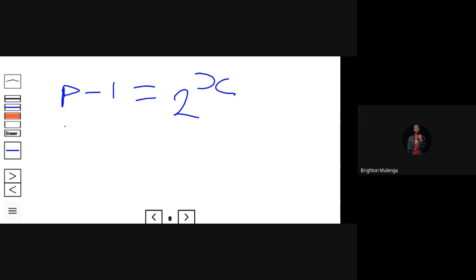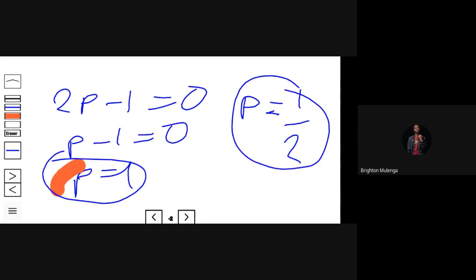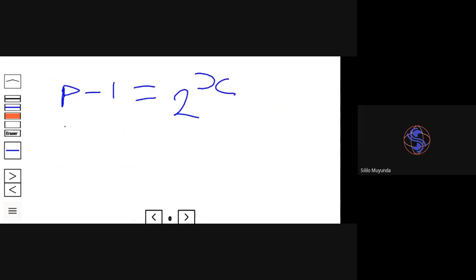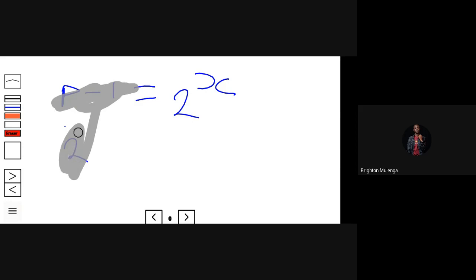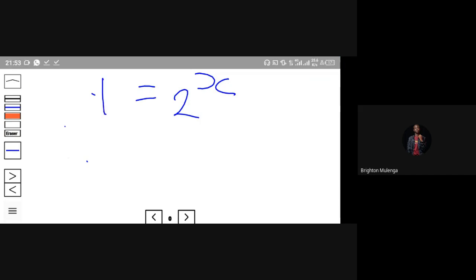Look, what have you done there? p is equal to positive 1, so 1 is equal to 2 to the power x. So from there, x is equal to 0, since a number raised to the power 0 is 1.